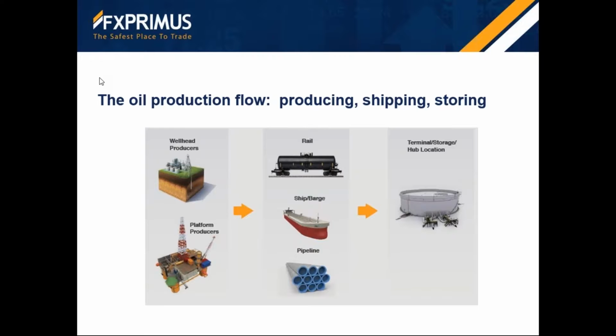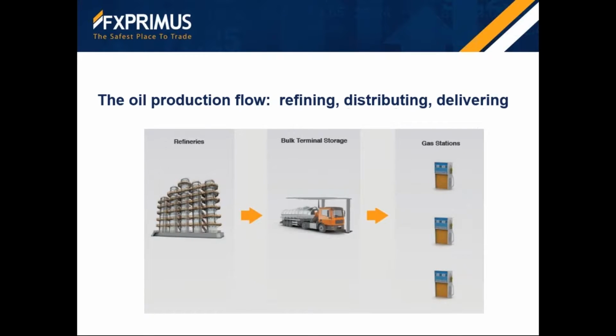Refineries then buy the oil and refine it into the products that we actually use, like gasoline, fuel oil, asphalt for the roads, etc. Those products get shipped to bulk storage terminals. And from there, they get distributed to the retail outlets, and you go to the gas station and fill up your car. So that's a very brief summary of the industry.